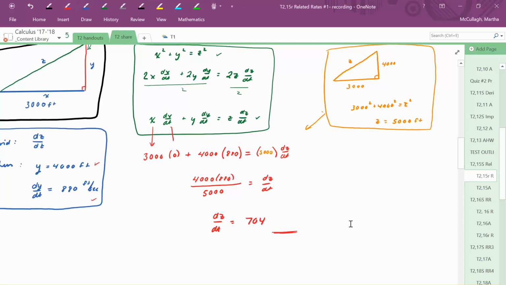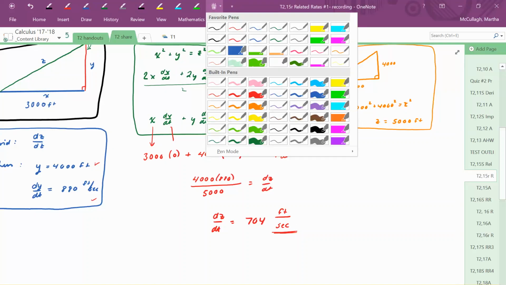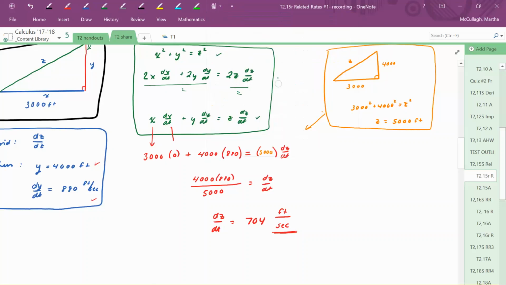Well, I can think about this in a couple of ways. First, just looking at dz dt, what is the unit of z? Z is the length, a distance from the camera to the rocket, and our distances have been given in feet, so that must be feet per, and the time unit has been seconds. Well, our friends in the science department would certainly want us to justify that as well. So if we look back here, 4,000 was feet.